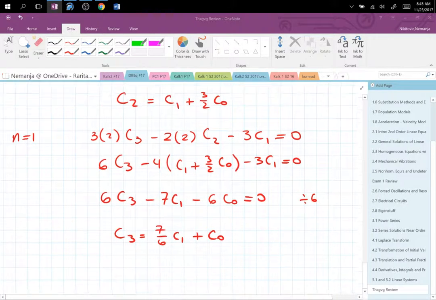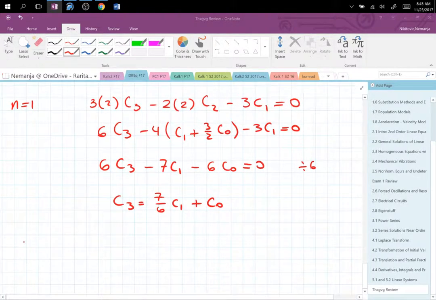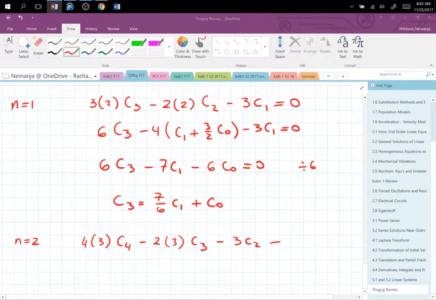All right, so let's get n equals 2. So that's 4 times 3, c4, minus 2 times 3, c3, minus 3 c2s is equal to 0.